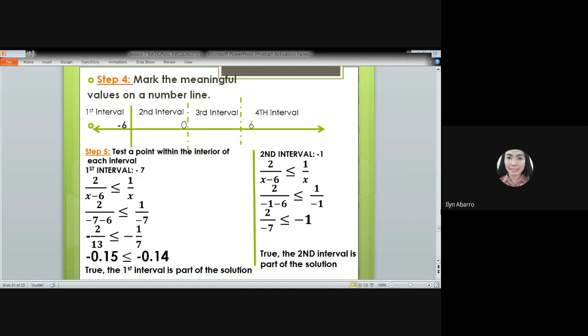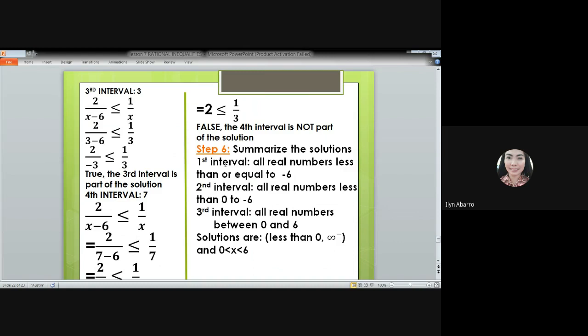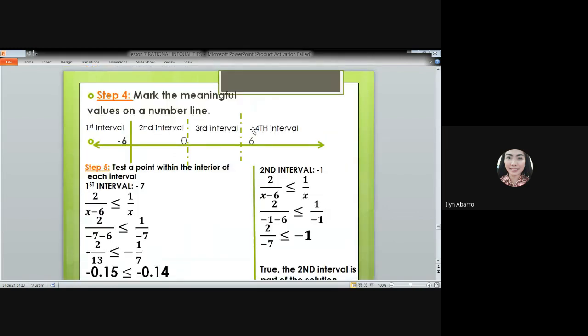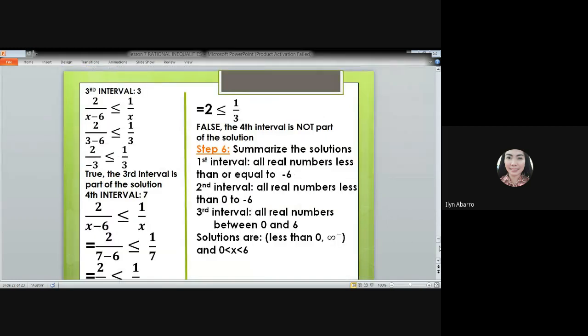Let's test the third interval. Third interval, we're going to choose numbers between 0 and 6. I chose 3. So in place of x, we will substitute 3. So 3 in here, 3 in here.